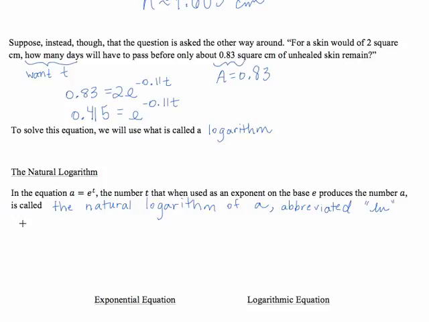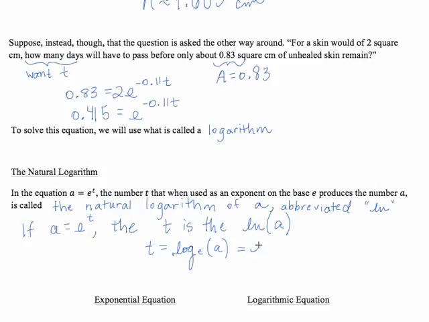So if A equals e to the t, as I have right there, then t is the natural logarithm of A, is how you would write that in its abbreviated form. Or in equation form, you would say t equals, the expanded form is actually log base e of A, but most people just write natural log of A. And the parentheses are not always used. It's commonly written ln of A, just like that.